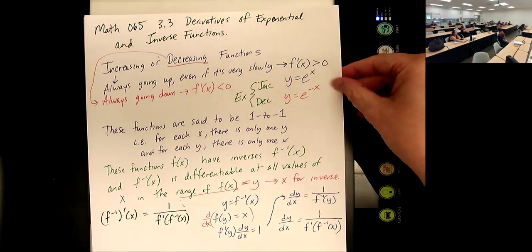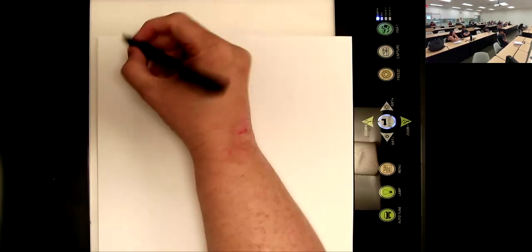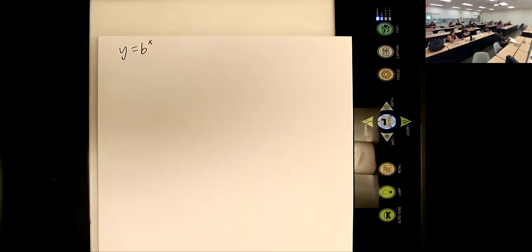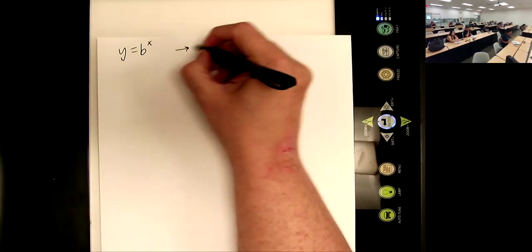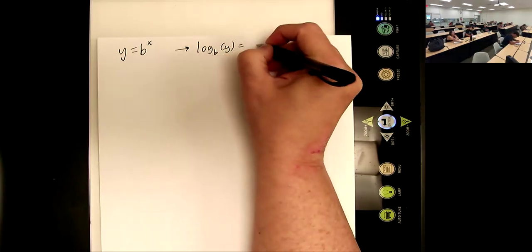Alright, you guys ready? So let's take a look at y equals b to the x, and we're going to follow that pattern we just did there. What is the inverse function for an exponential function? It's the log, right? I can write this as log base b of y equals x.